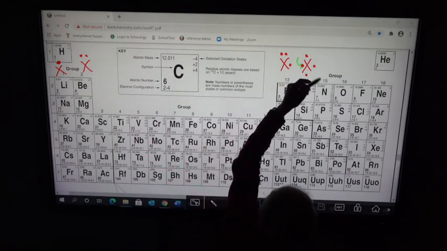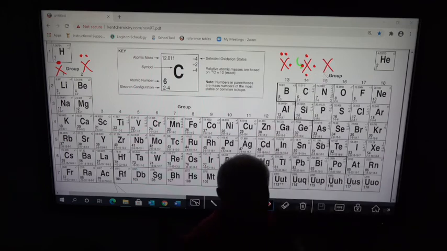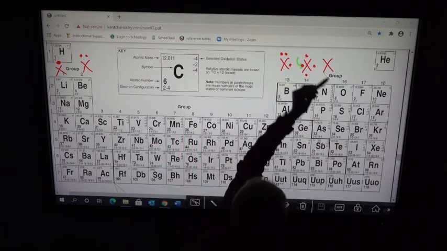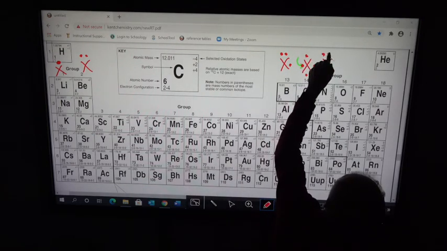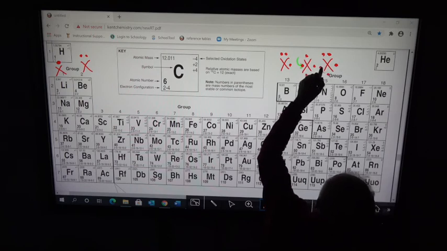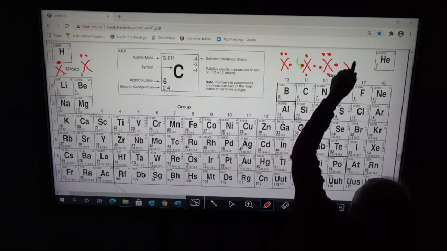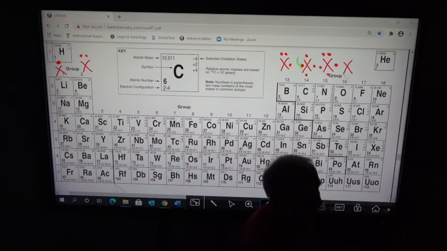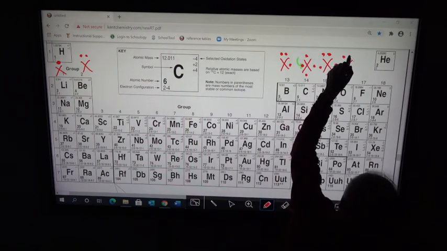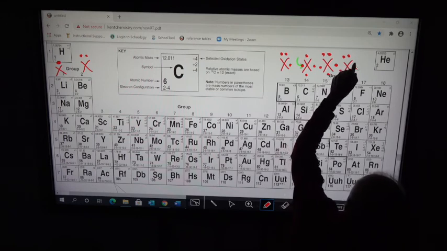All right, let's go to nitrogen, or group 15. Group 15 means it has 5 electrons in the outside shell, S2P3. So it looks like this: S2 pair, P1, P2, P3. So that's nitrogen. Oxygen has 6 in the outside shell, so that means S2P4. There's my S2, P1, P2, P3, and P4.